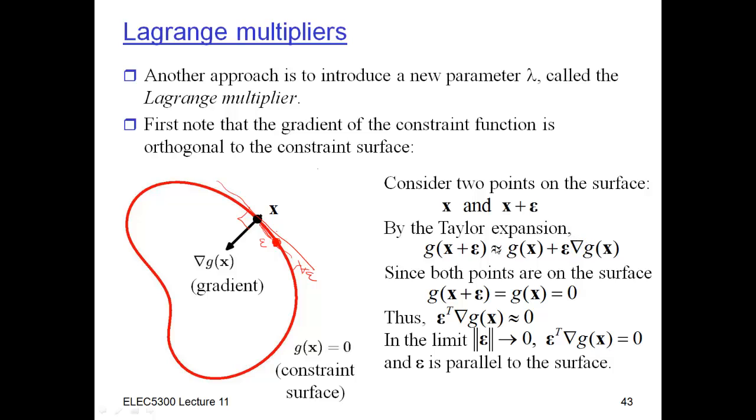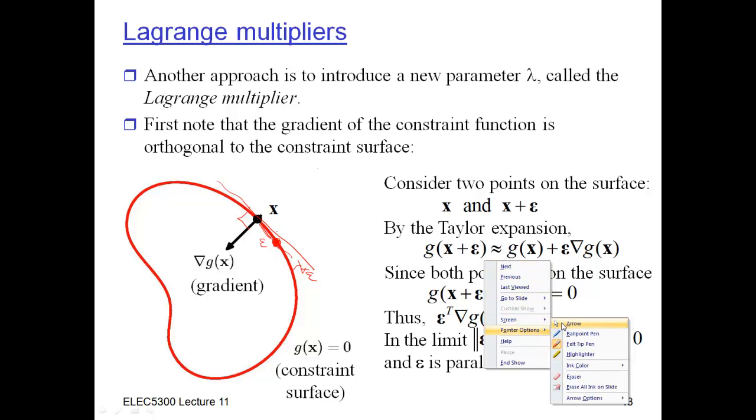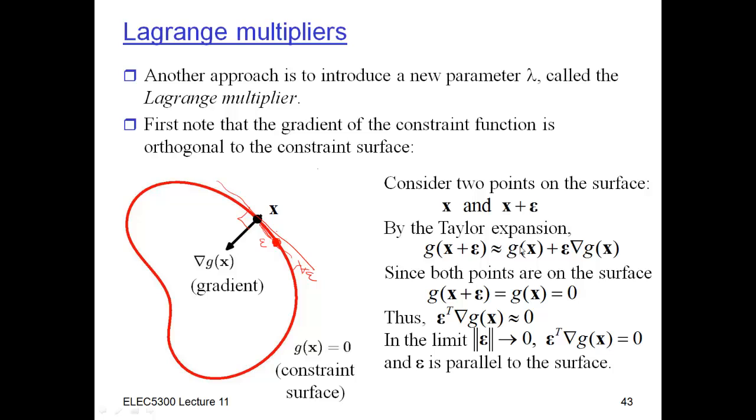And so now, because both points are on the surface, I know that this is equal to this, right? And in fact, they're both equal to 0. Right. And so therefore, if this and this are 0, then this thing here must also be equal to 0.